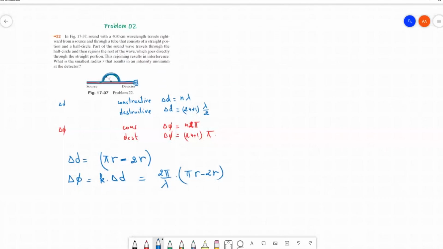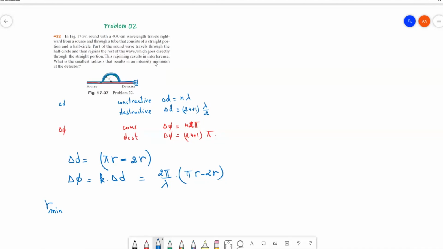Great. So R minimum, with delta phi. Let me read it again. The rejoining results in interference. What is the smallest R that results in an intensity minimum?